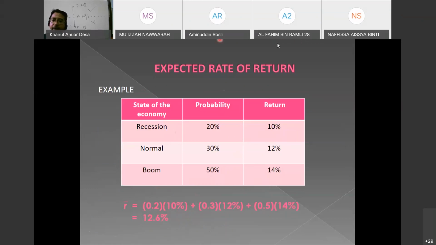Once again, I just want to remind you the total probability here must be 100%.